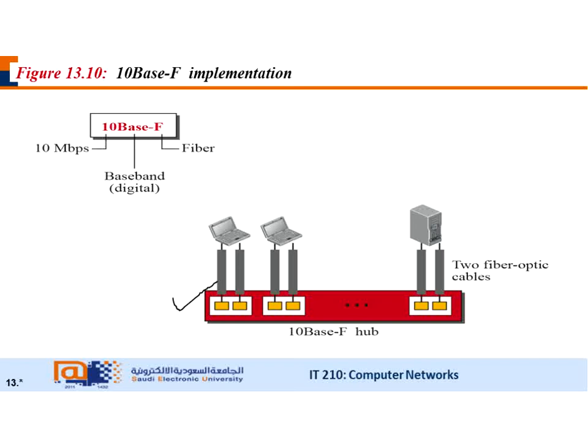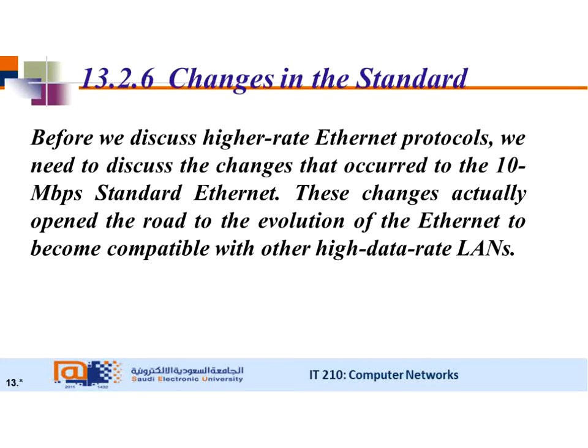And the stations are connected to the hub using two fiber optic cables. So this was all about standard Ethernet. We have discussed the addressing, access method, and the implementations.